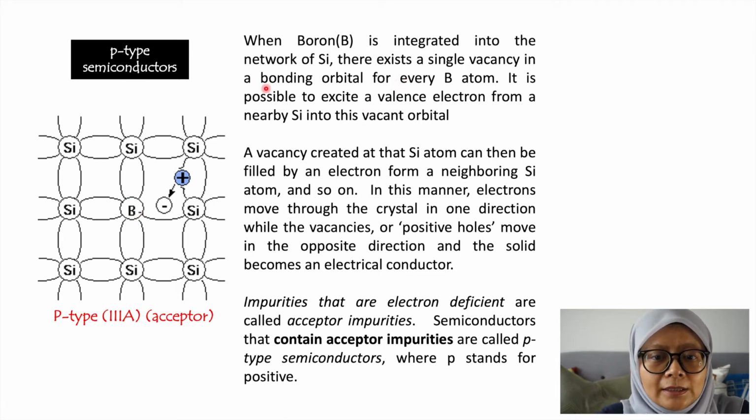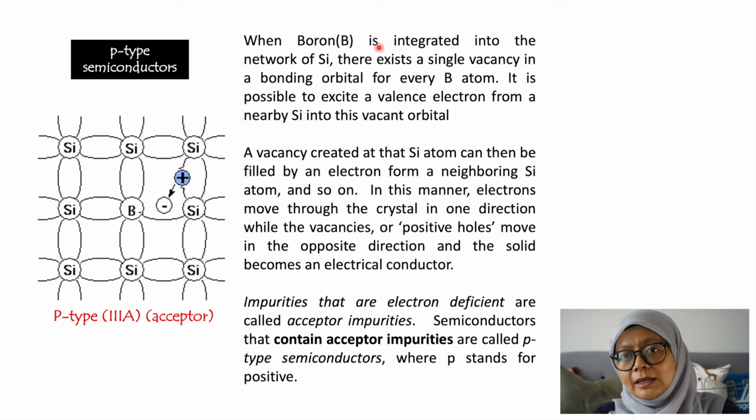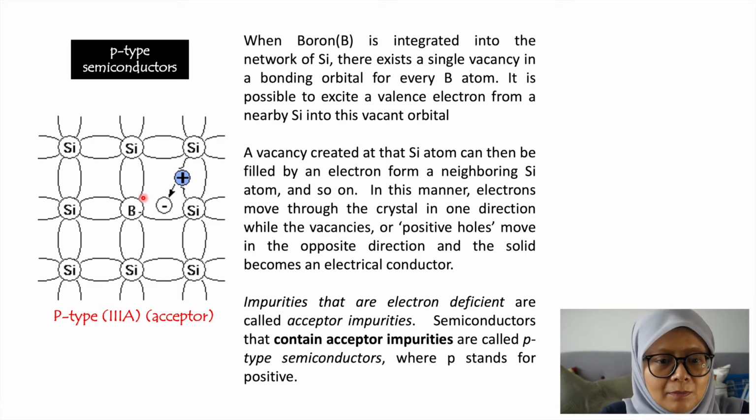When we add the boron, there exists a single vacancy in the bonding orbital for every boron atom. When we have the vacancy, it is possible to excite a valence electron from a nearby silicon into this vacant orbital. The vacancy created at that silicon can then be filled by an electron from a neighboring silicon atom, and so on.